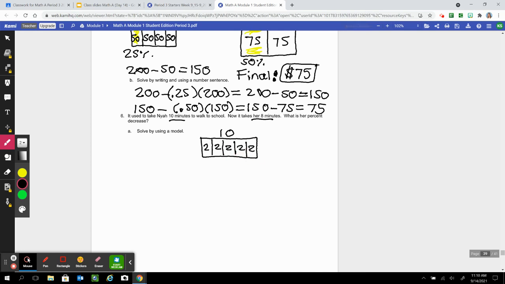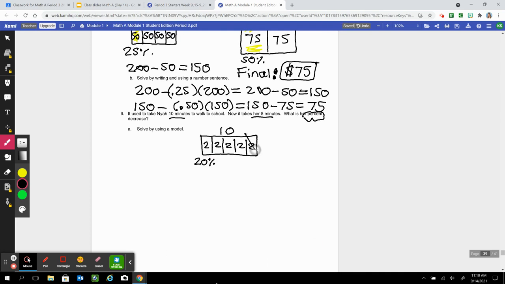The reason why I did that is because I'm trying to look for a percent, and this is my favorite percent bar model because each one of these is in 20% parts. And if I took away one of these parts, like if I crossed off one of these parts, then I would have 8 left in my bar model.